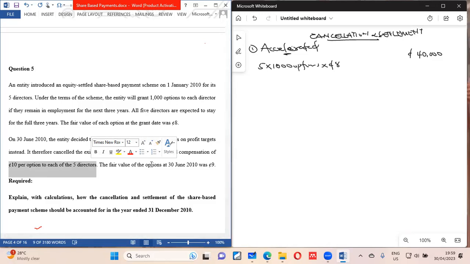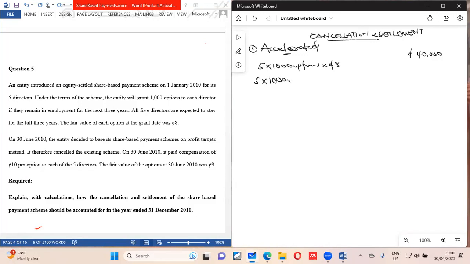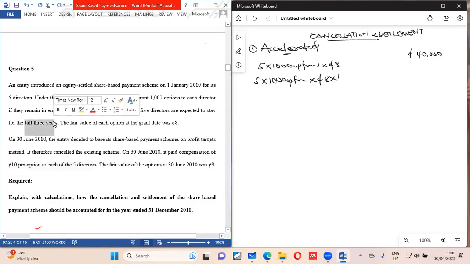All right, so what we do is that under normal circumstance, we will go ahead in our first year. What we would have done is to take our 5 directors, we multiply by our 1,000 options, right? Then we will multiply it by 8. Then by 1 over how many years? 3 years.